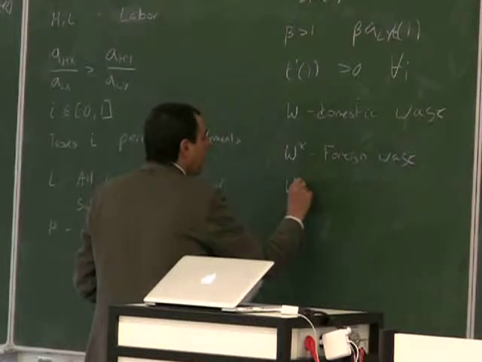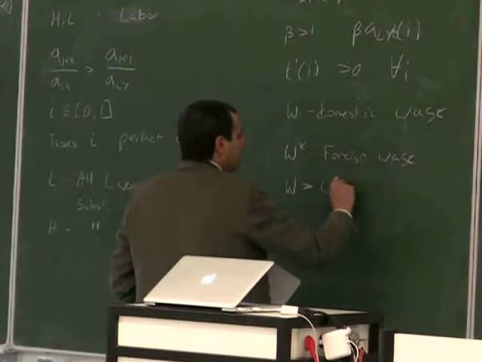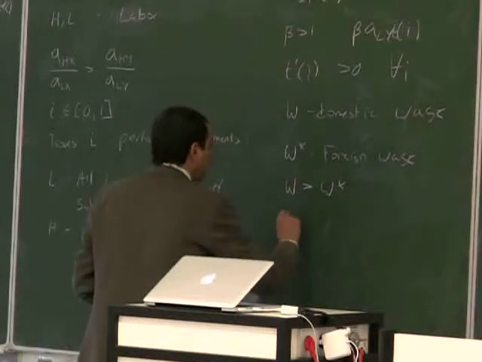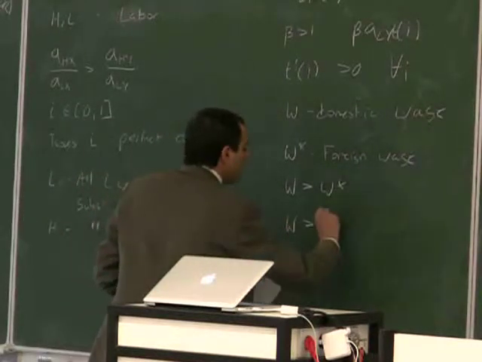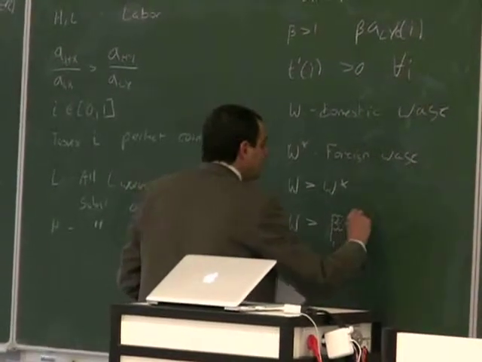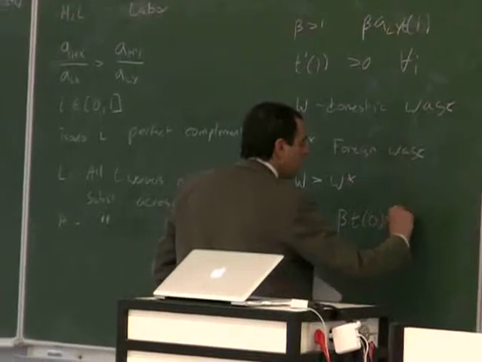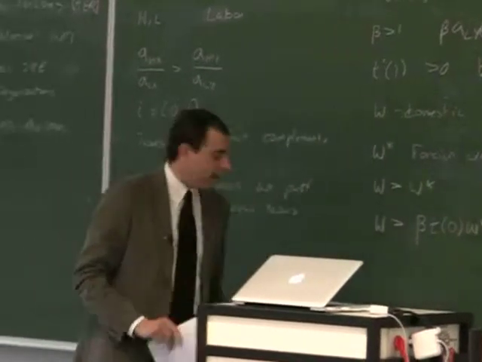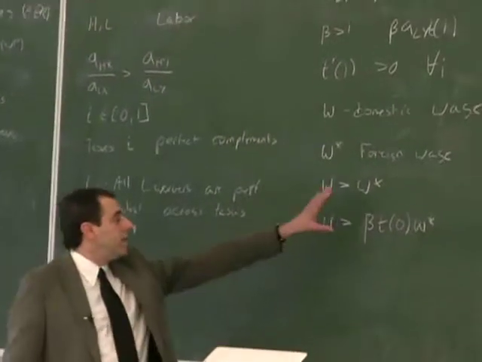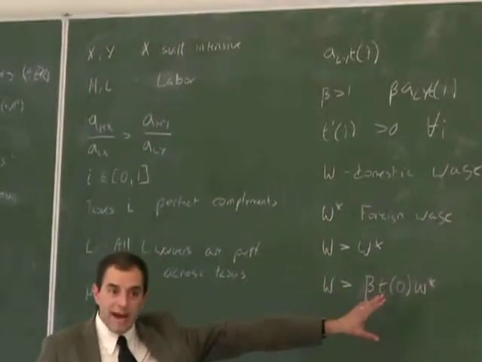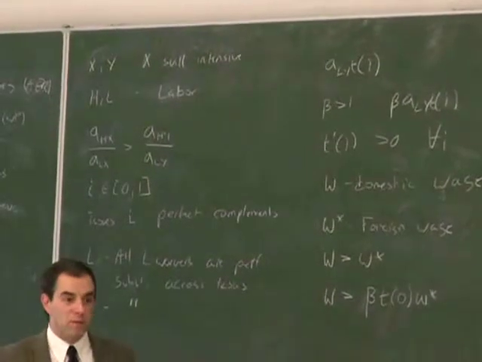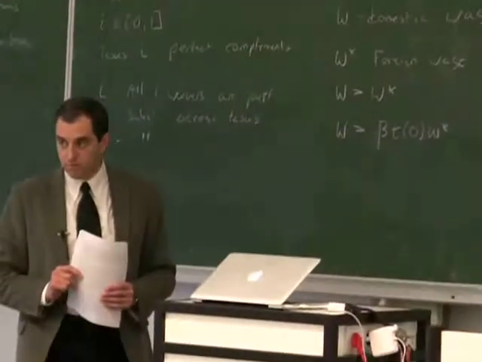So first of all, W is greater than W star, and more importantly, or as importantly, W is greater than beta times T of 0 times W star. Okay? So what that expression means is that the most routine task can be performed internationally at a lower cost than it can be performed domestically. Okay? Is that clear?